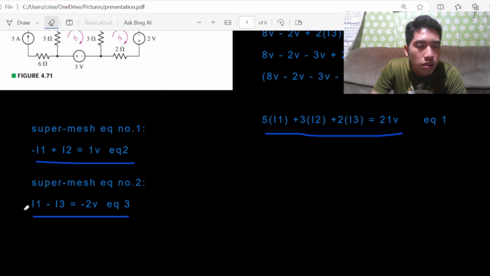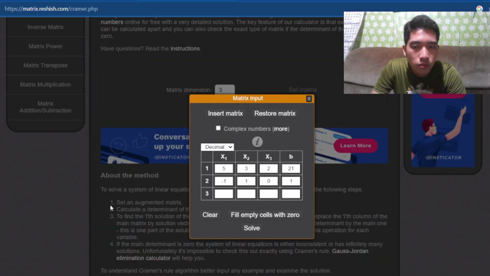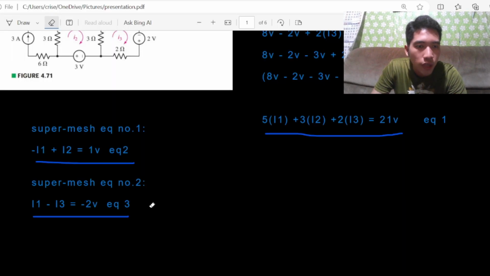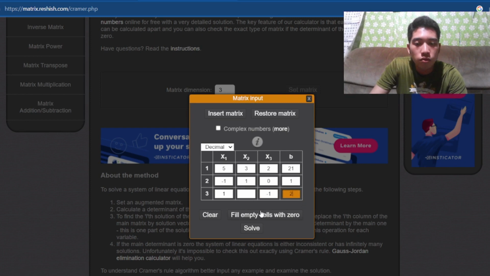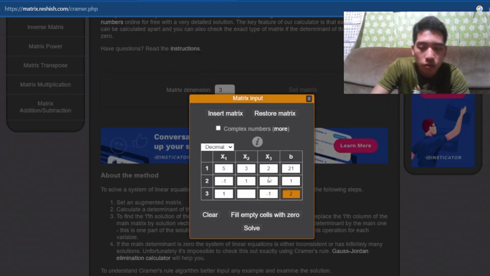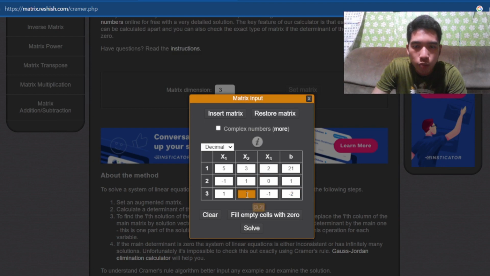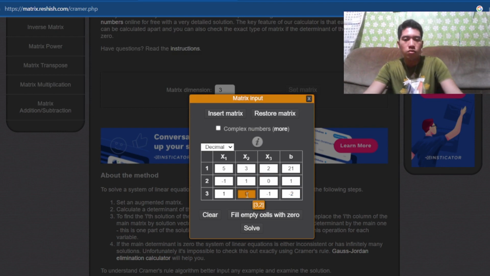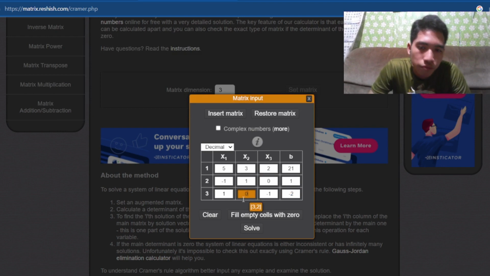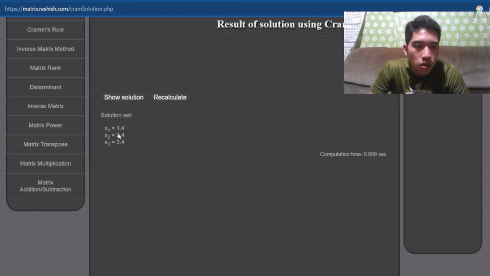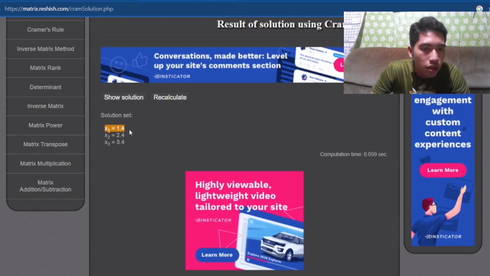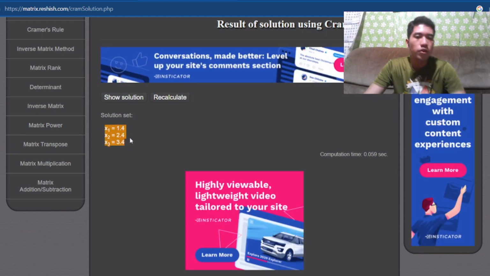I1 is going to be 1, 1, and negative 2. It's going to be 1, negative 1, and negative 2. And we're going to put 0 in this since I2 is not indicated in the equation. So we're going to solve. And as we can see, the values are going to be 1.4, 2.4, and 3.4.